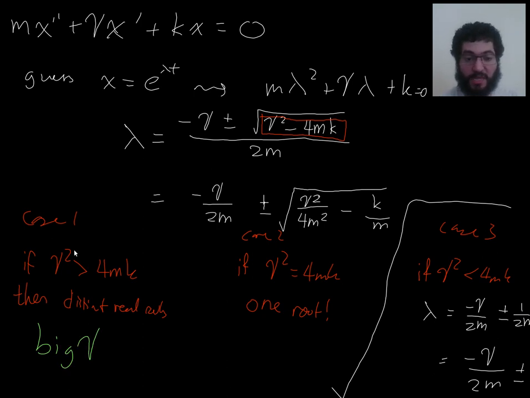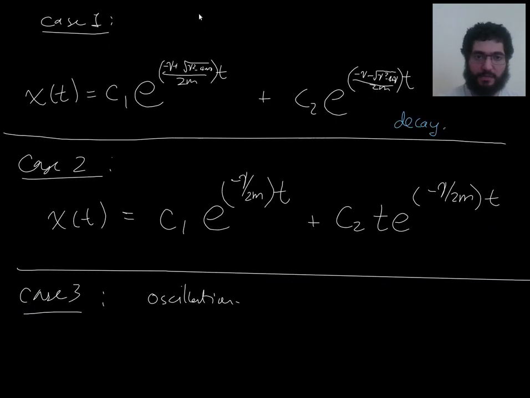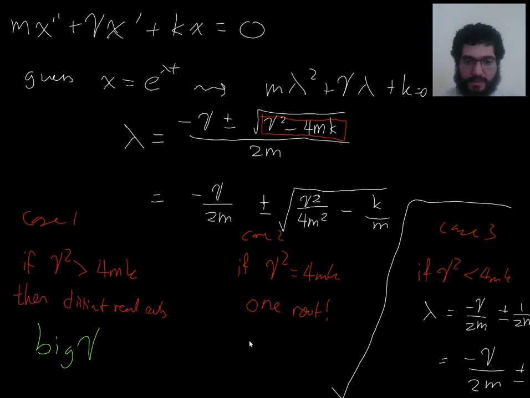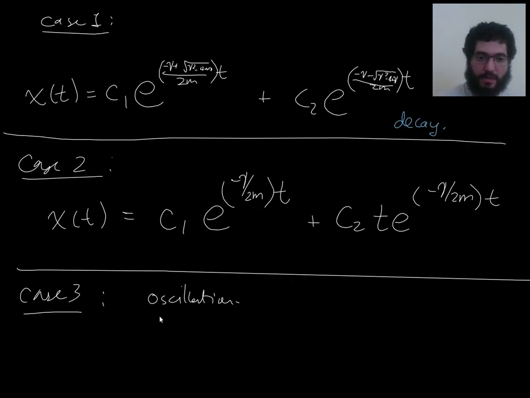If gamma's big enough, then you get distinct real roots, and you have this pure exponential decay situation. In case 3, you have small gamma, right? If gamma is small enough, if the damping is small enough. For example, if there is no damping, if gamma is 0, then you're in case 3. Then you get oscillation.